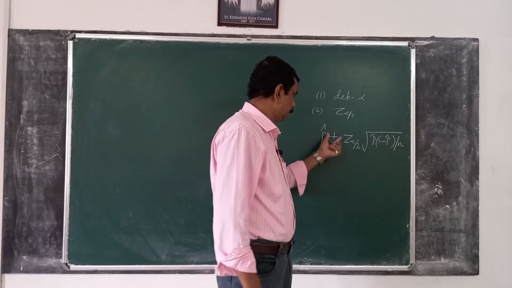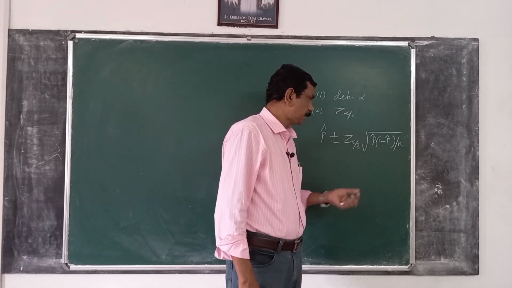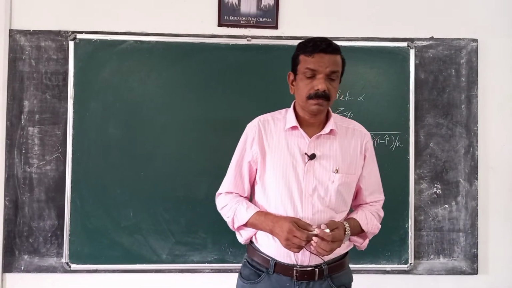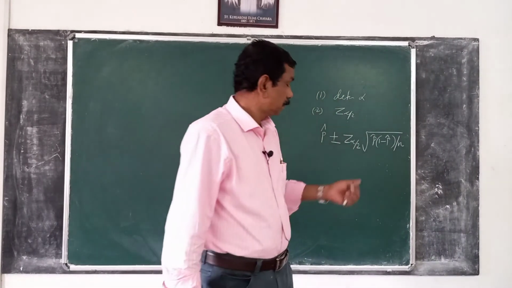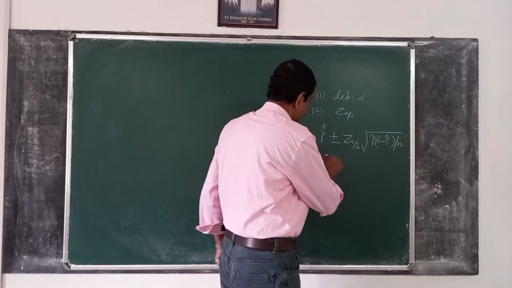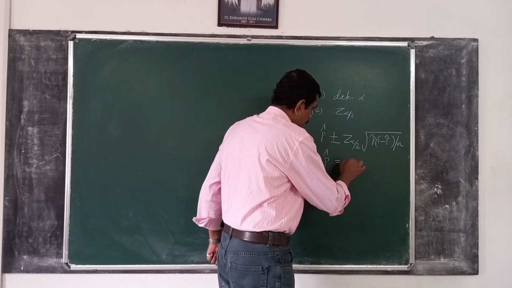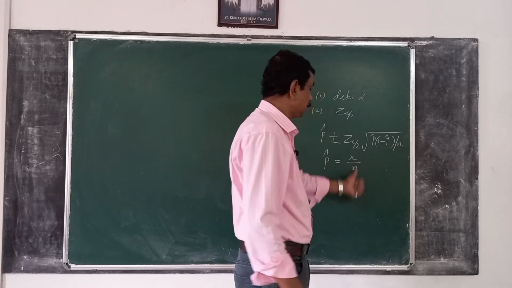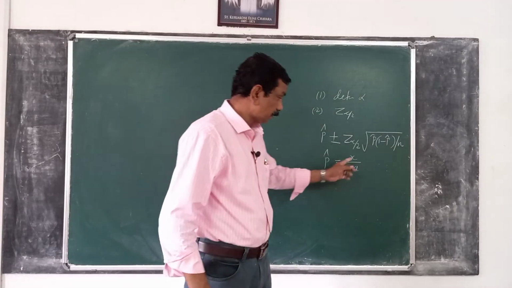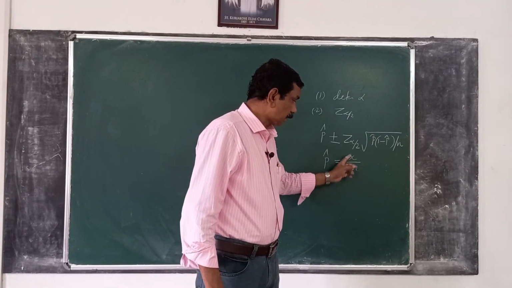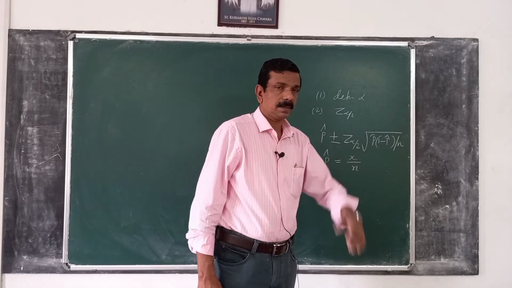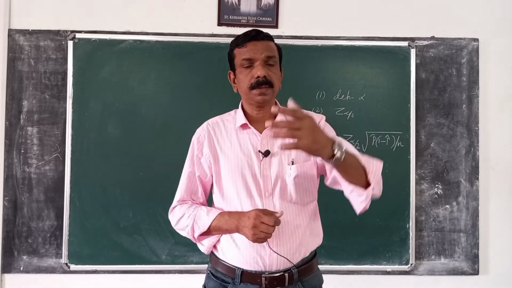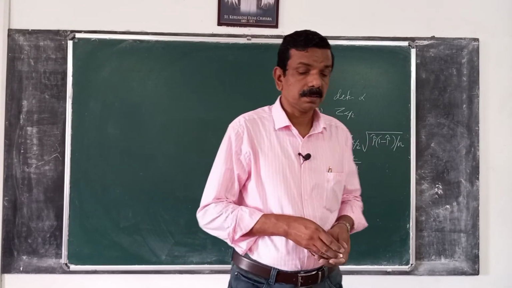So p hat plus or minus Z alpha by 2 into root of p hat into 1 minus p hat by n, where n is the sample size, and p hat is nothing but x by n, number of successes in total number n, that we have discussed earlier. And the next step is to interpret the confidence interval.